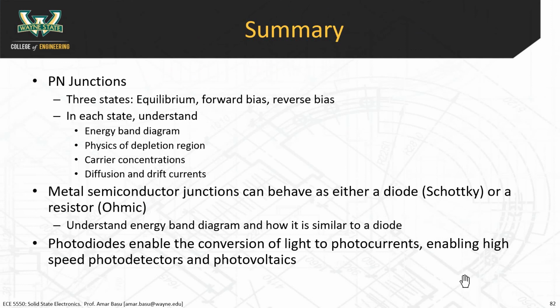Photodiodes enable the conversion of light into currents. And they're used for optical fiber communications in the high-speed mode in the third quadrant, and then in the photovoltaic mode in the fourth quadrant to create electrical power. So I hope that answered your question about how you extract power from the device.